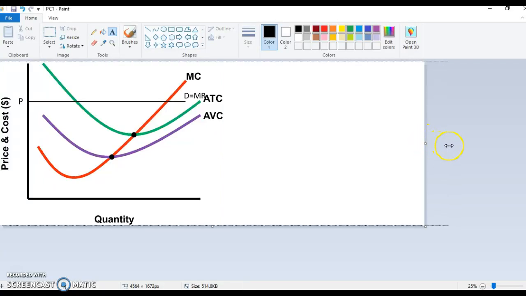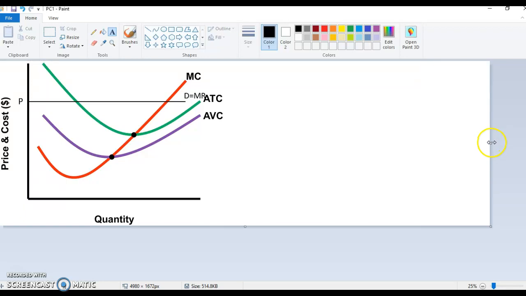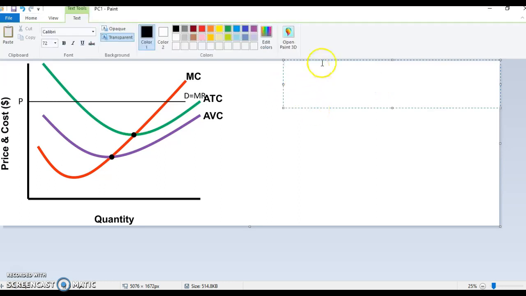Okay, so in this video I want to talk to you guys a little bit more about interpreting the graph. What we're looking at here is essentially a lot of our per unit data. Price per unit, cost per unit, and we know that our formula for profit equals total revenue minus total cost.